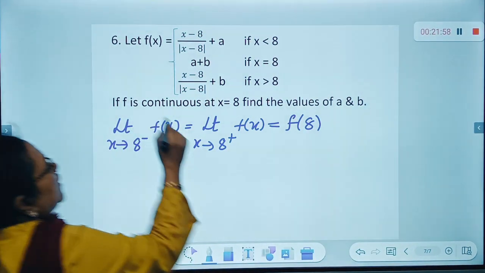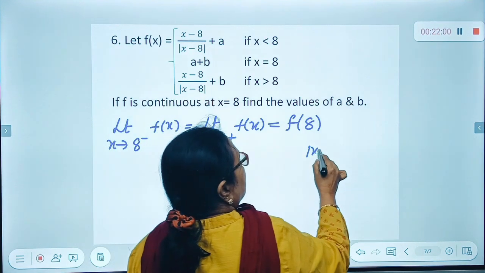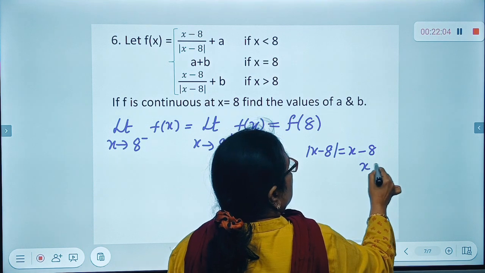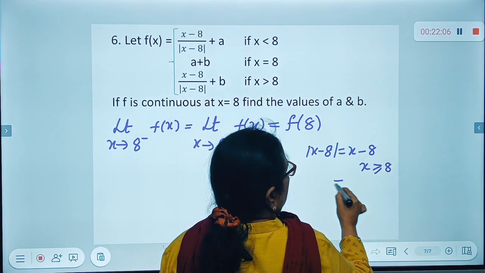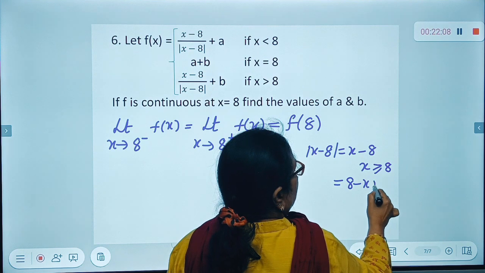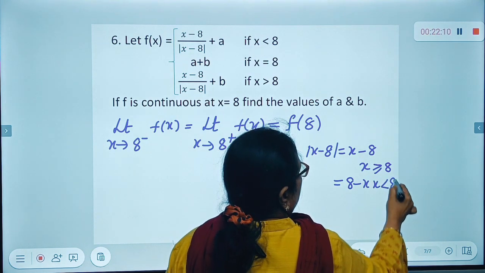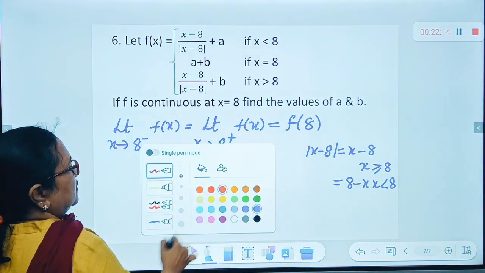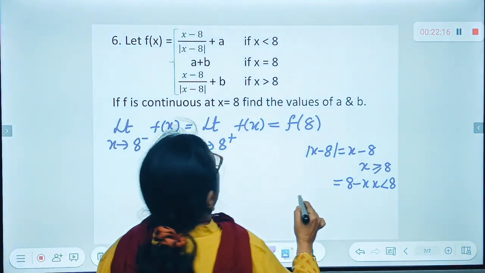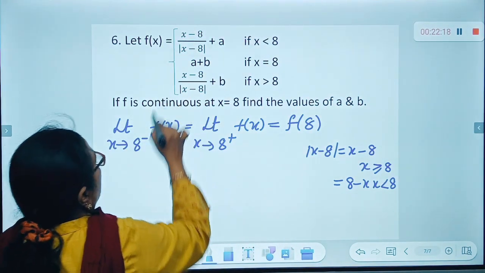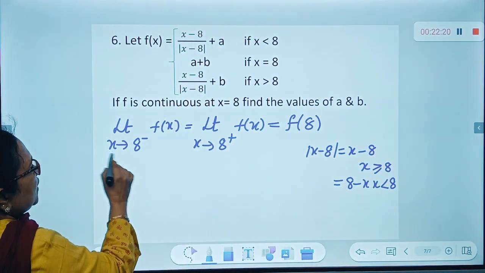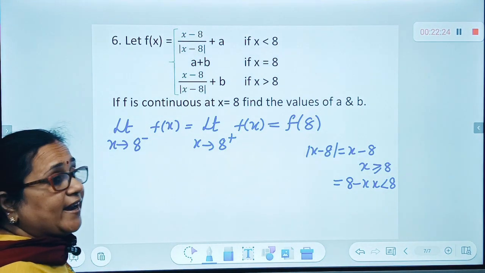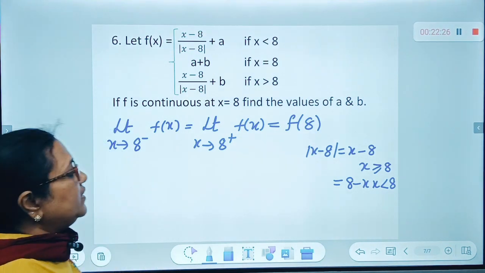Now, what is modulus of x minus 8? Modulus of x minus 8 is x minus 8 when x is greater than or equal to 8. It is 8 minus x when x is less than 8. Now what is the left hand limit? Limit x tends to 8 minus. 8 minus means what? x is approaching 8 through values lesser than 8.